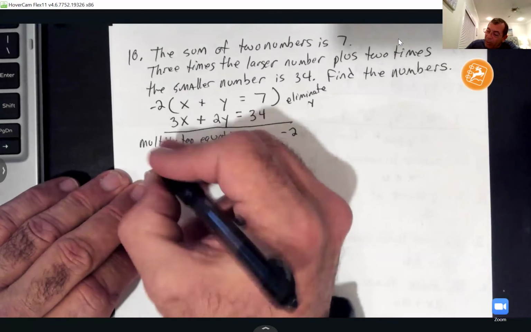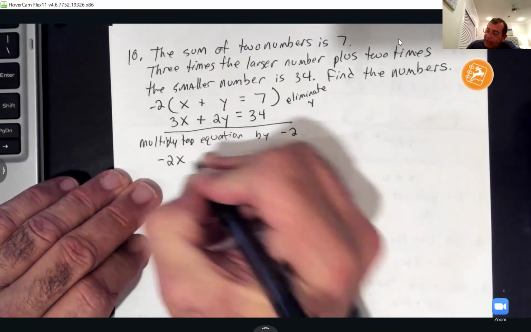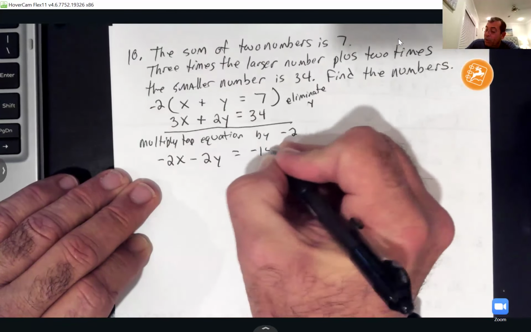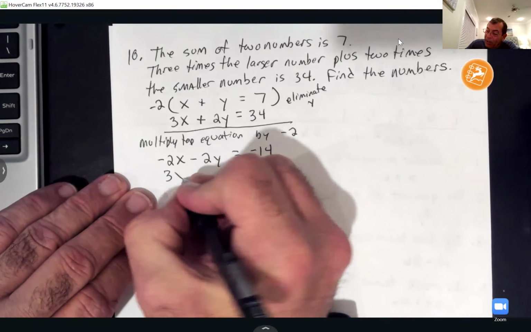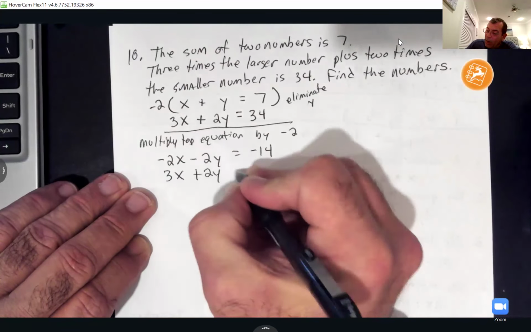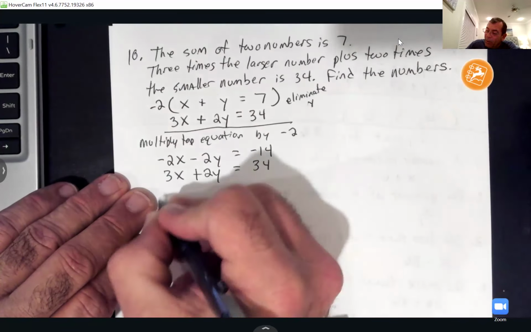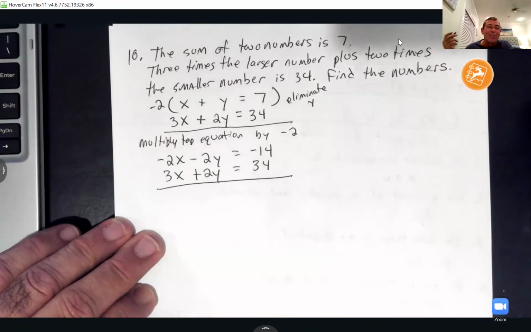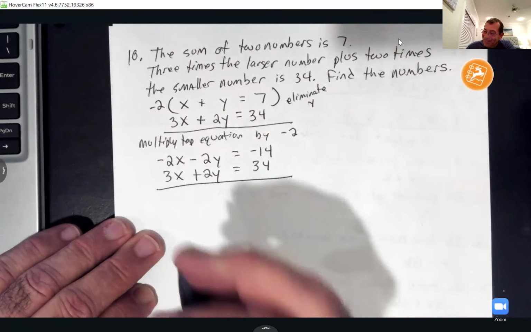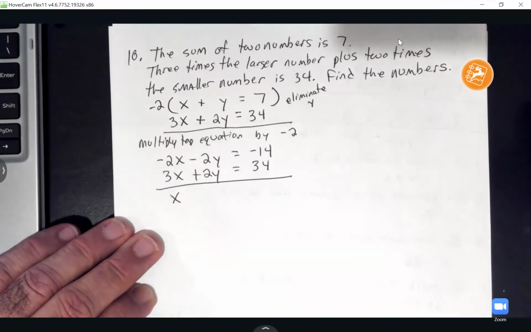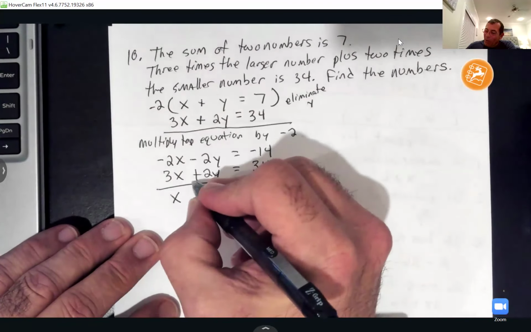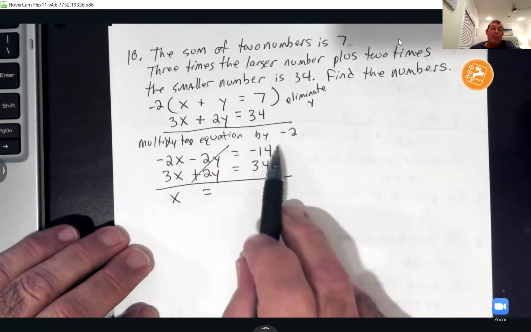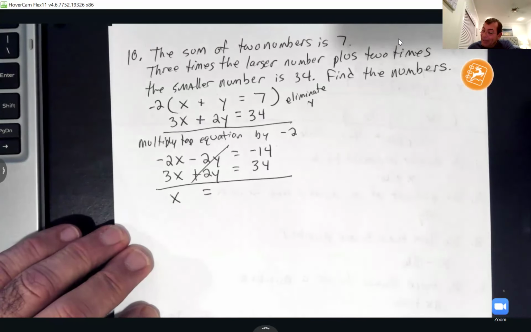Oh, you picked a good one because you'll see in a second. So -2x minus 2y equals -14. 3x plus 2y equals 34. Oh, you did good on those x's because what's 3 minus 2? 1. That leaves me 1x. These y's cancel. So this 1x equals whatever 34 minus 14 is.